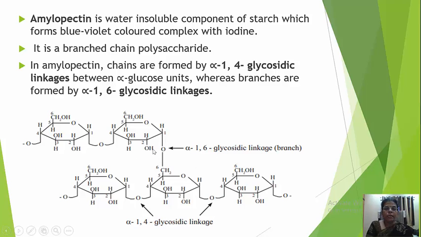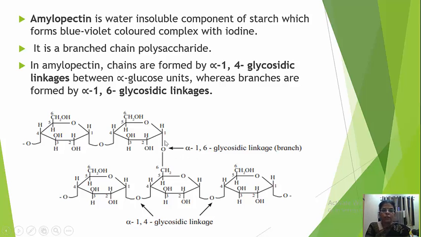That is, when a number of amylose chains undergo alpha 1,6 glycosidic linkage formation, then formation of amylopectin takes place. This is the structure of amylopectin.